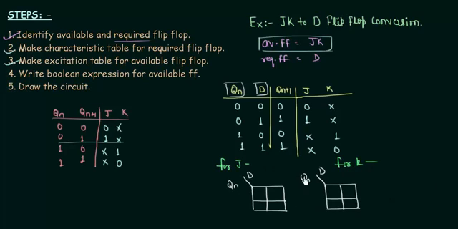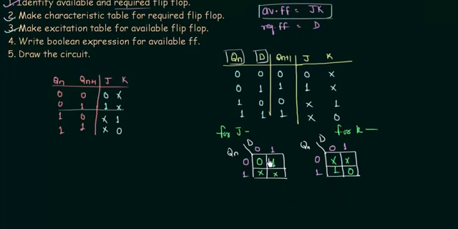Let's fill this map. For J it is 0 1 don't care. So 0 1 don't care, and for K it is don't care 1 0. Fine. Now let's make the groups. Before that, let me write down the values here: 0 0 1 1 0 0 1 1. Now let's do J first, and my first group is this one, and I have already combined a single one, so no need to make this group.